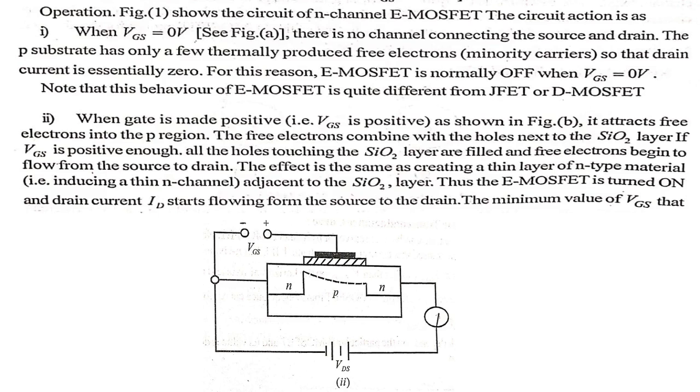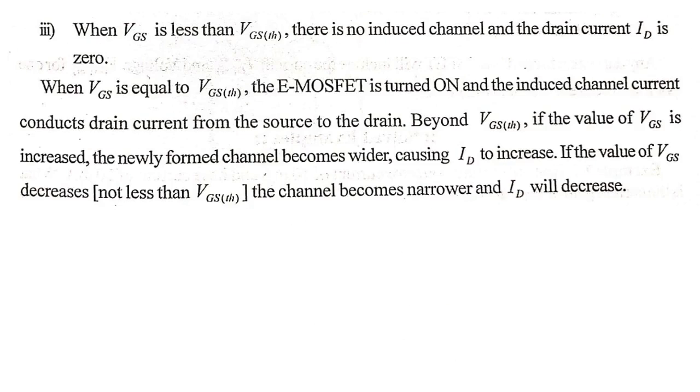Thus, the E MOSFET is turned on and drain current ID starts flowing from the source to drain. When VGS is less than VGS threshold, there is no induced channel and the drain current ID is 0. When VGS is equal to VGS threshold, the E MOSFET is turned on and the induced channel conducts drain current from the source to the drain.